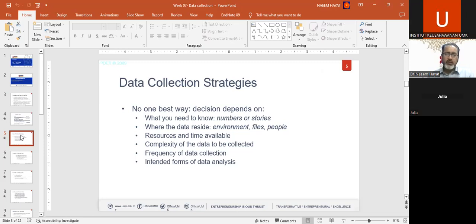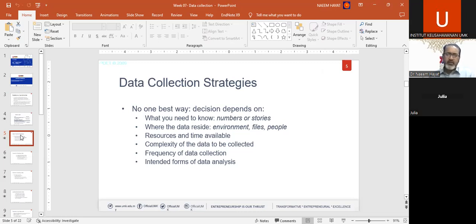Frequency of data collection. Normally, when you are able to connect with the data source multiple times, then you may go for multiple data collection. The frequency is more than one. But in a normal scenario, the data collection may not be more than one.